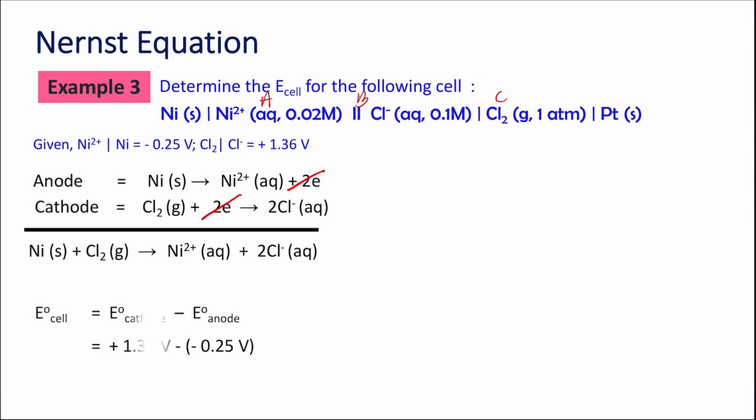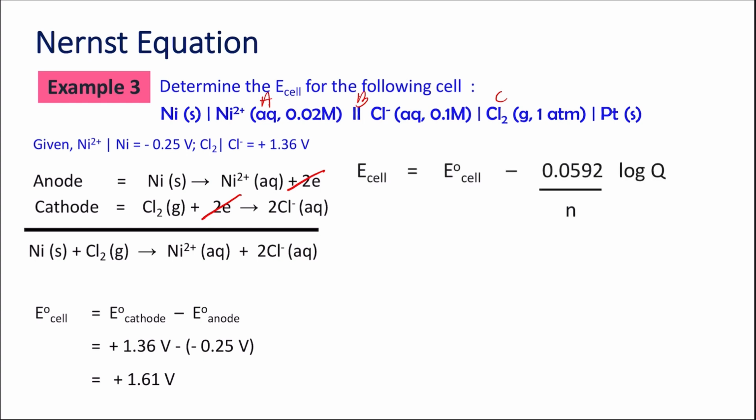And then calculate E0 cell value, just put the value from the SRP, keep it as it is, awak akan dapat positive 1.61 volt. And then Nernst equation kita ada. For this case, cuba lihat dekat bahagian Q. Untuk tulis expression for Q, awak akan libatkan phase aqueous dan juga gas.